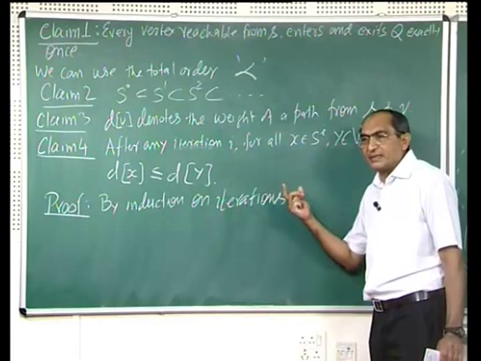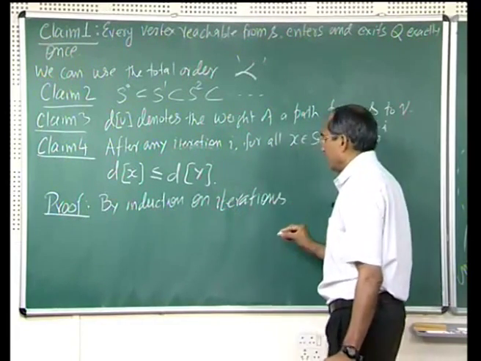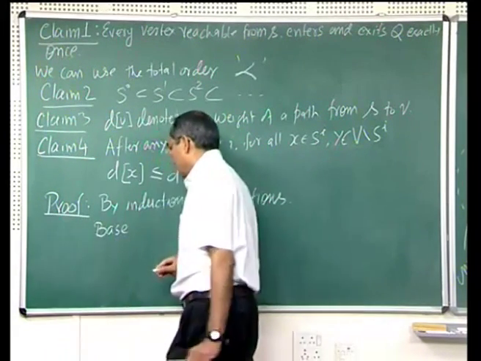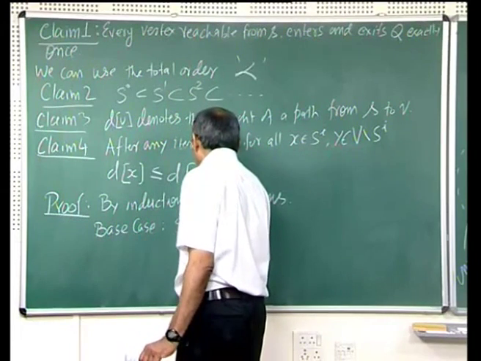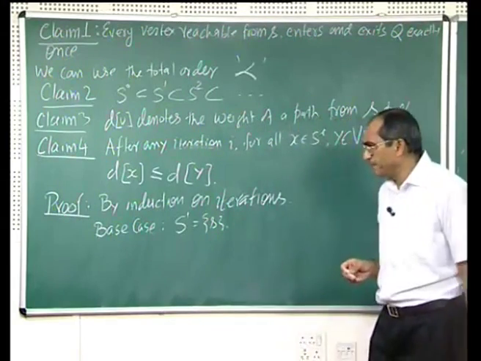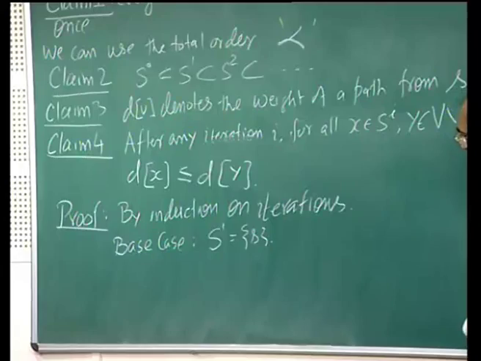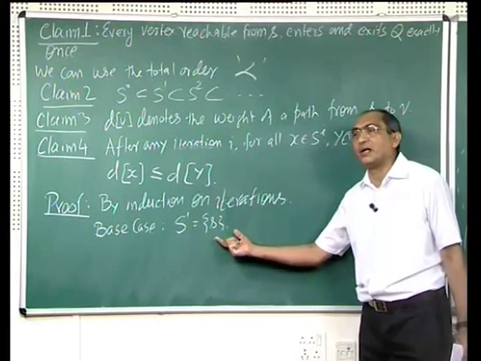So, there is only S. So, at the end of the first iteration, okay, base case is that S1 is only S. Its d value is 0 and the d value of everything else is going to be non-negative.